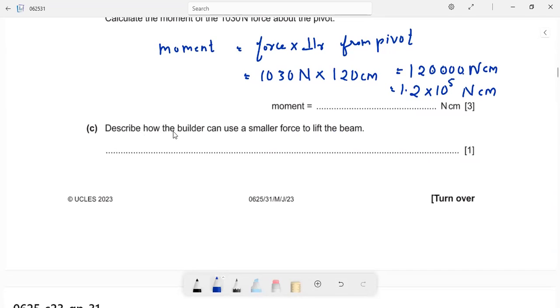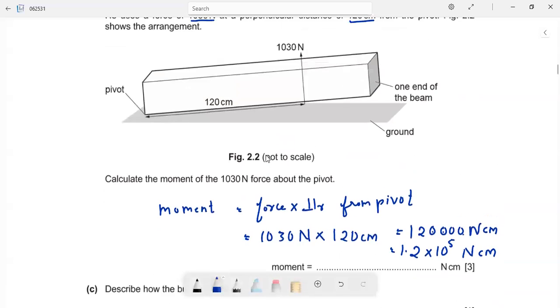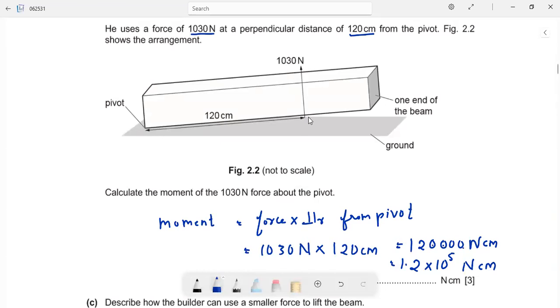Next, describe how the builder can use a smaller force to lift the beam. So he can move the force further from the pivot. Now the force is applied here. If we want a smaller force, the distance can be increased from the pivot.